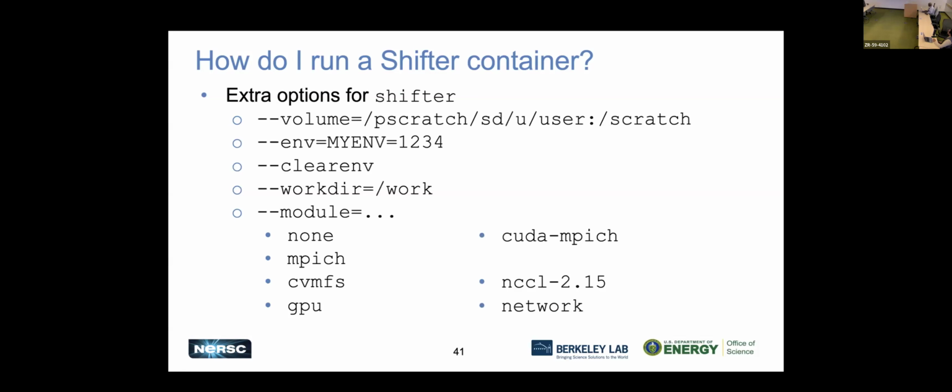So you have different options that you can consider for your Shifter container, such as the volume where it's stored, different environments that need to be made use of, the working environment as well, and other specific modules that you might need to use.